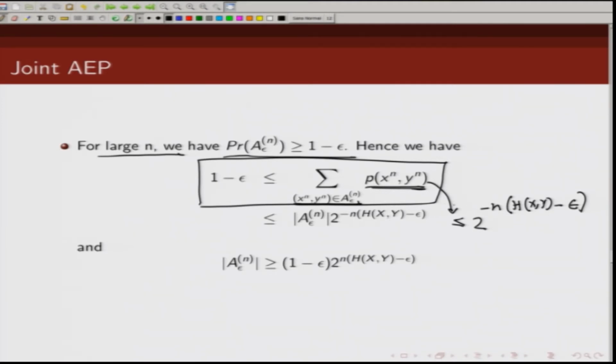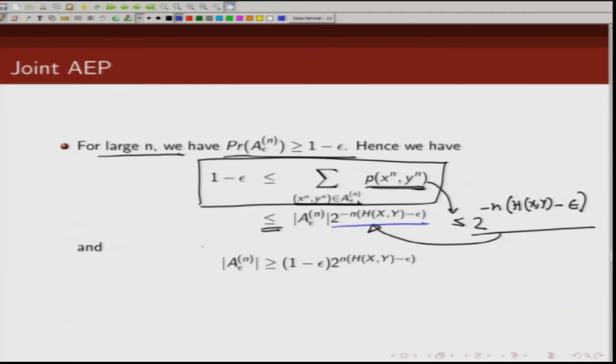This follows from the properties of the jointly typical set. So if we upper bound this by this quantity and plug this in here, we get this less than or equal to sign here. So what we get is 1 minus epsilon is less than or equal to the number of elements in this jointly typical set multiplied by this.